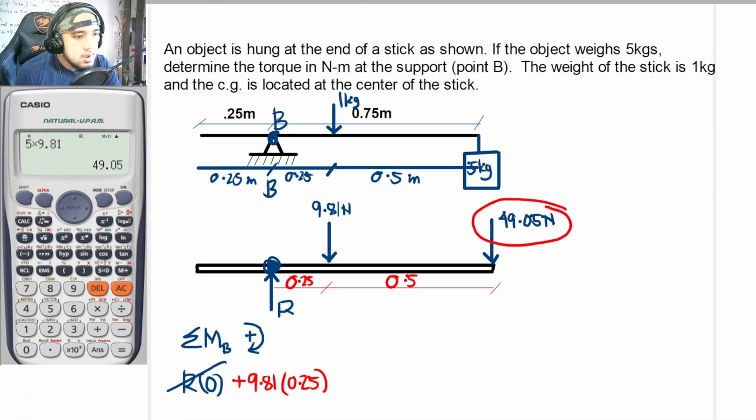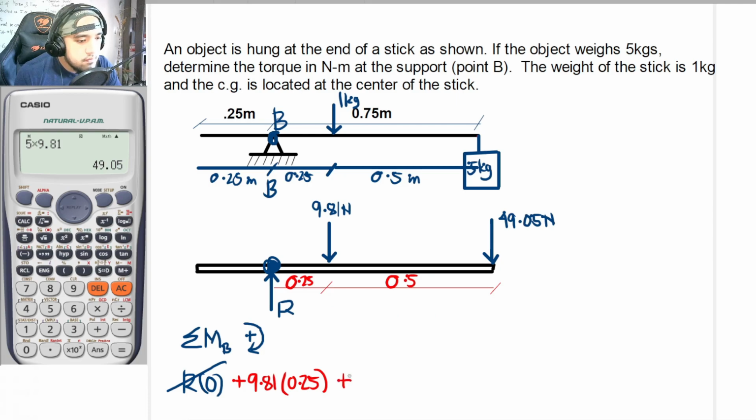And what about for this force? As you can see, it is also directed downwards, and thus its tendency is to rotate point B in a clockwise direction. Thus, it is also positive.